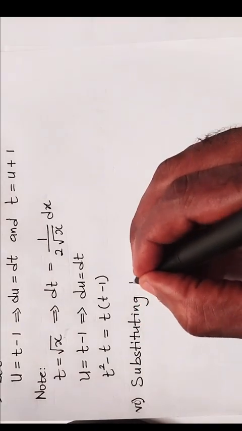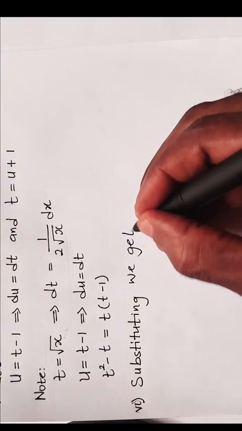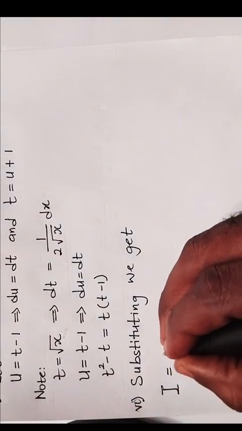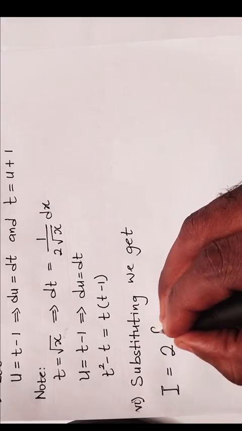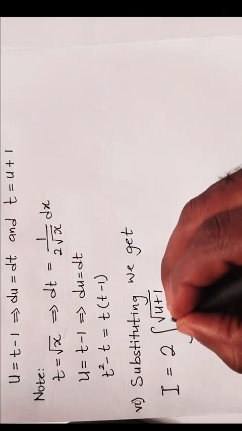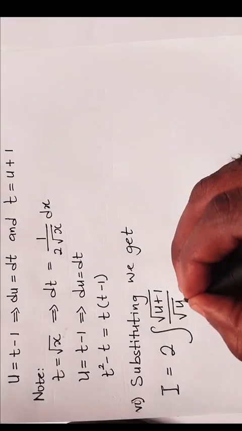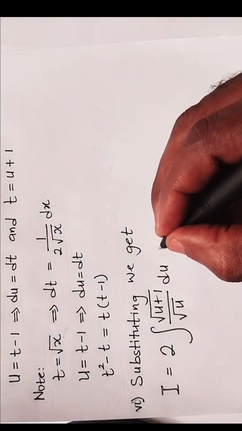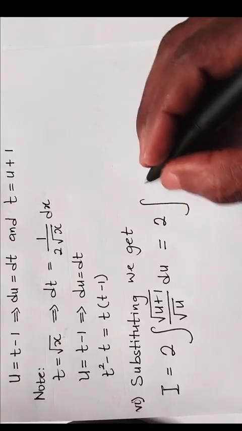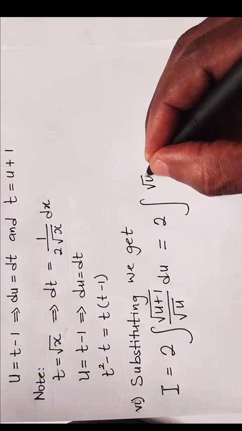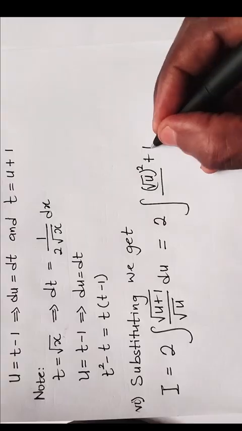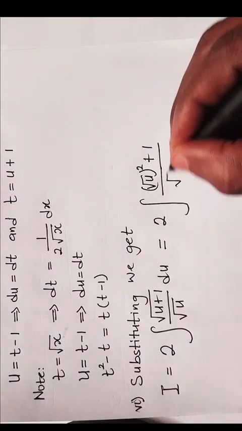Substituting, we get I equal to 2 times the integral of square root of u plus 1 over square root of u, du, which equals 2 times the integral of square root of u, then we put it all squared, over square root of u, plus 1 over square root of u.